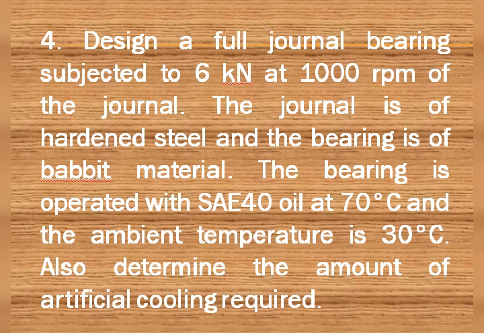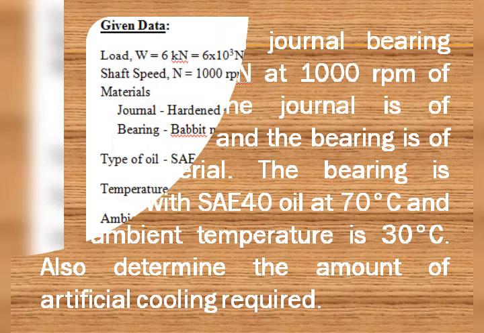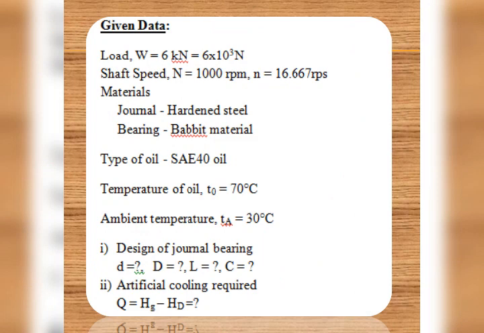Now we'll list out the data as per this given problem. Design a full journal bearing subjected to 6 kilonewton. Means here maximum load that bearing has to bear is 6 kilonewton. So load W is equal to 6 kilonewton or 6 into 10 to the 3 newton at 1000 rpm of the journal. So here speed of the journal he has given.